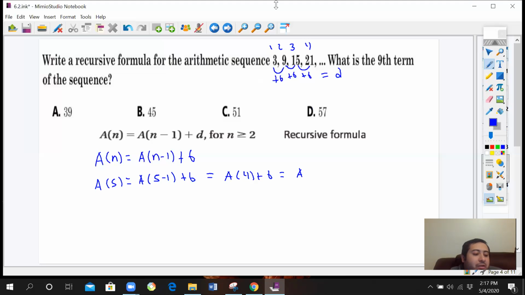And this A4 is going to be your fourth term, which is 21. Plus 6 is going to give us 27. That's the fifth term, 27. A6, A7. Let me do this one correct. And then we have A8. And the last one, A9.